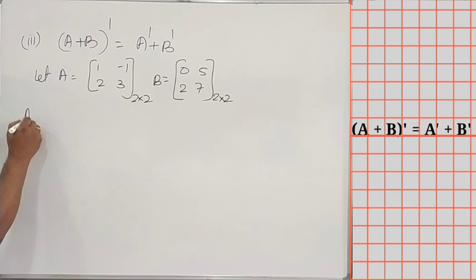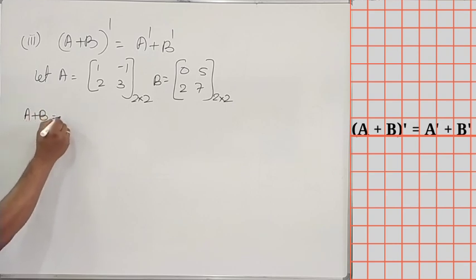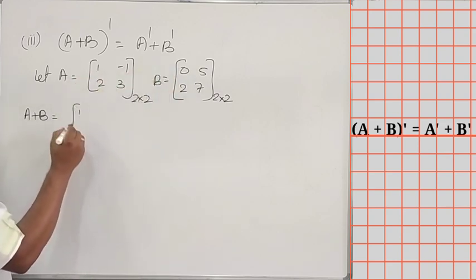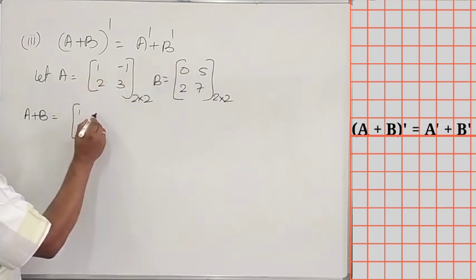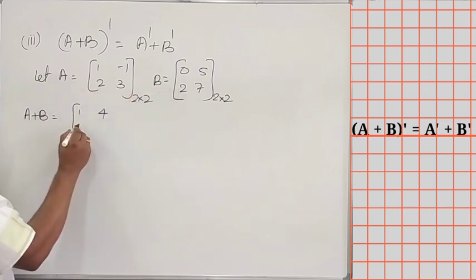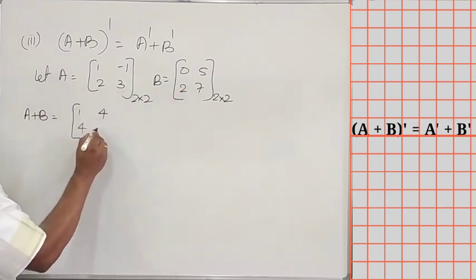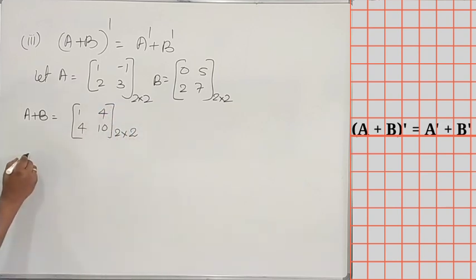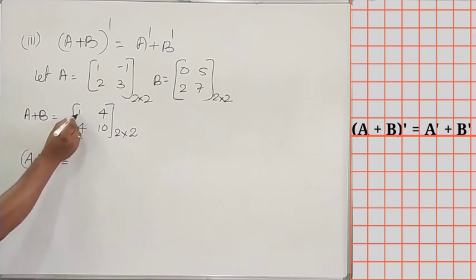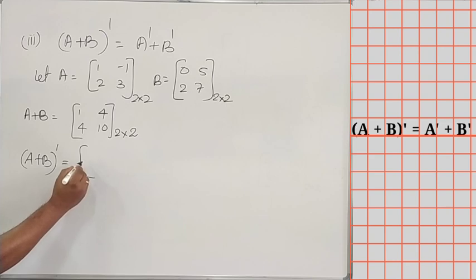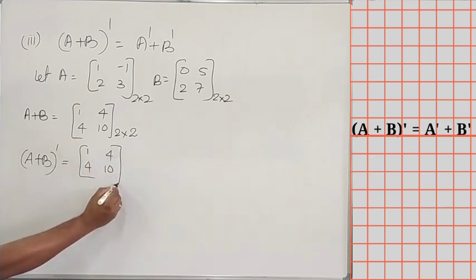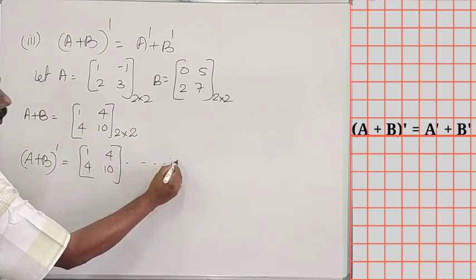We find A plus B. A plus B is equal to the matrix 1 plus 0 that is 1, minus 1 plus 5 that is 4, 2 plus 2 that is 4, 3 plus 7, 10, that's of order 2 by 2. Then A plus B whole transpose is the transpose of this matrix, that is 1, 4, 4, 10. We put it as equation number 1.